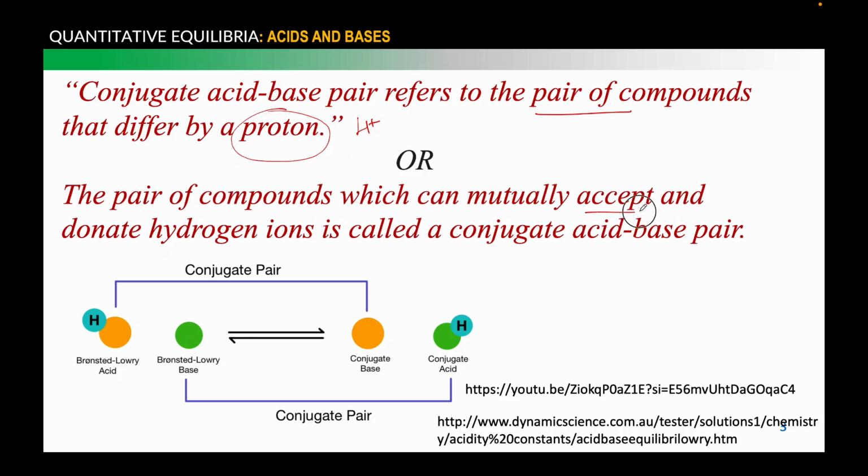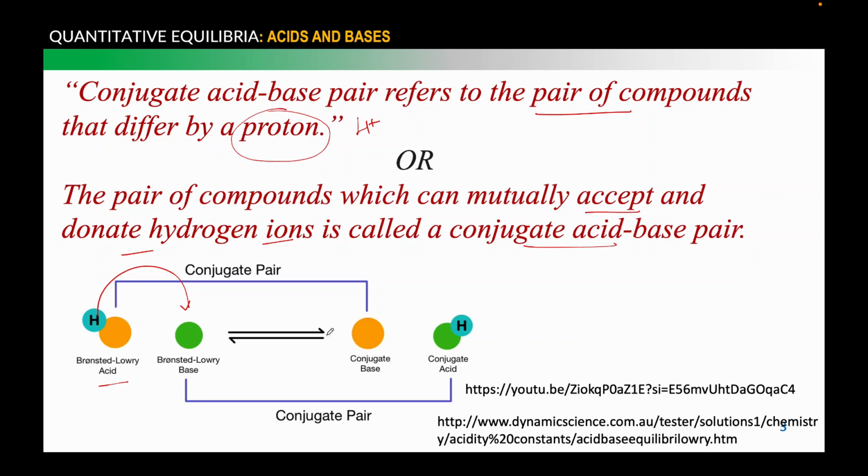There is a mutual acceptance and donation of hydrogen ion, which is called a conjugate acid base pair. This is the Bronsted-Lowry acid, which has H plus and donates this H plus to the Bronsted-Lowry base. After donating, this conjugate base is formed.